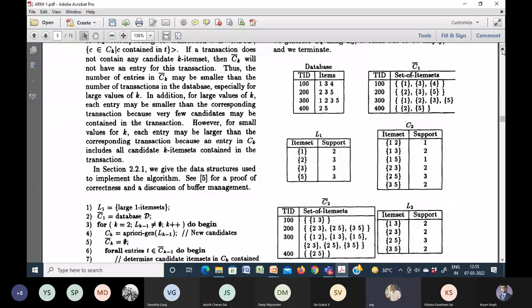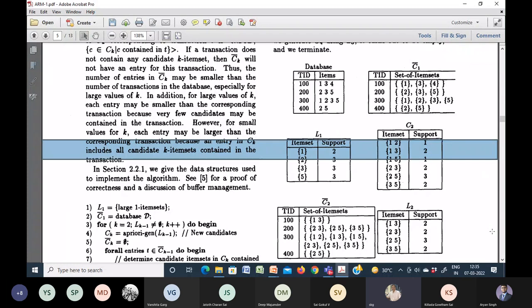Initially we had 1 item sets, then these 2 item sets. Then I want to look at what the 3 item sets are which satisfy this criteria.